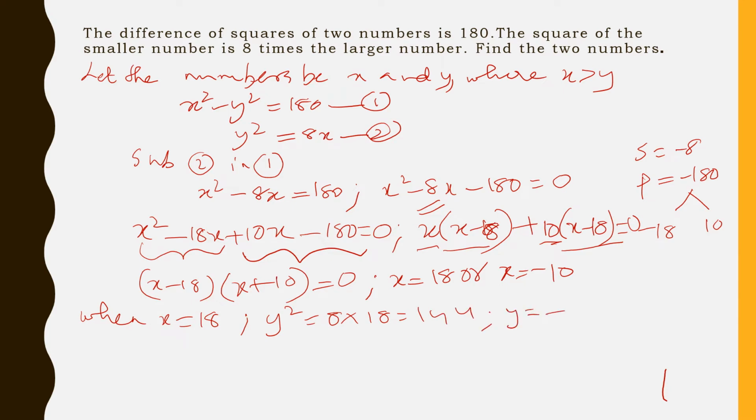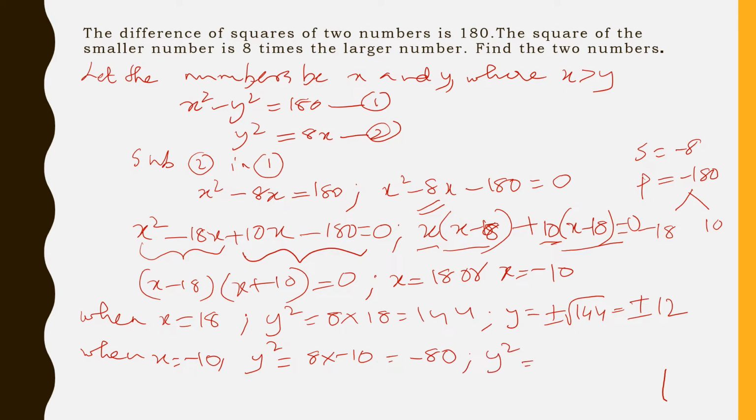It will be plus or minus root of 144. So it is plus or minus 12. Now when x equal to minus 10, y square will be equal to 8 into minus 10, and this is equal to minus 80, and y is the root of minus 80. So root of a negative number is not possible.